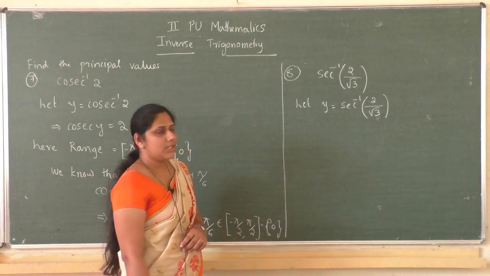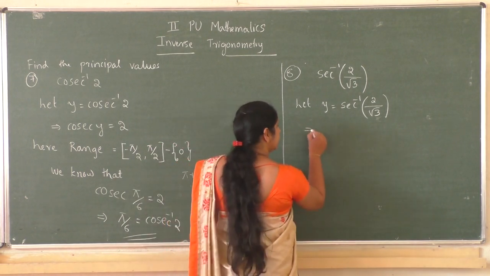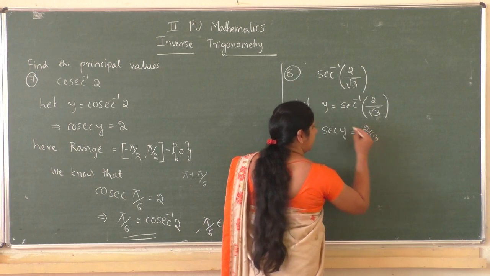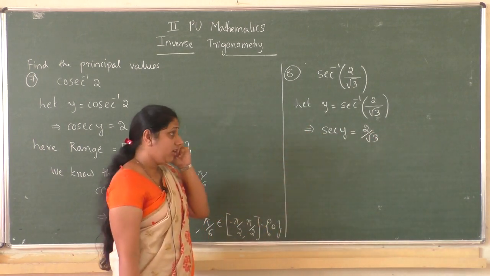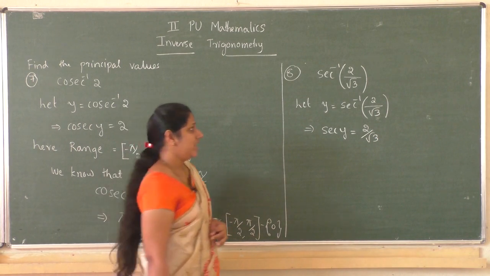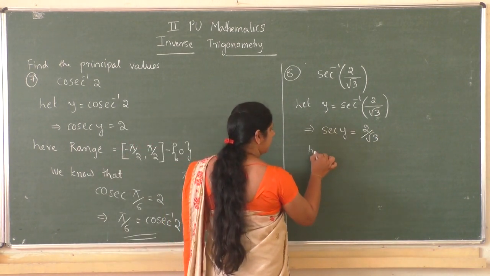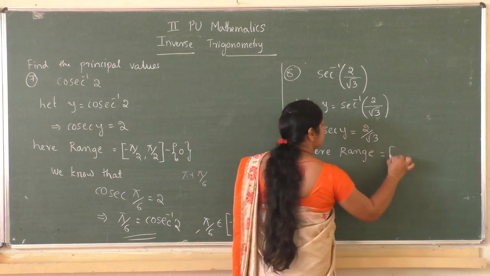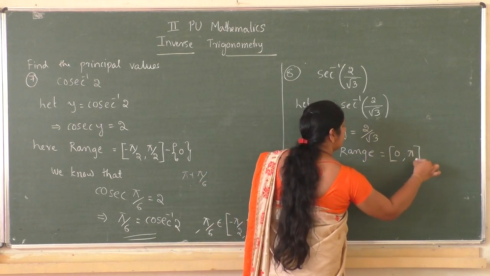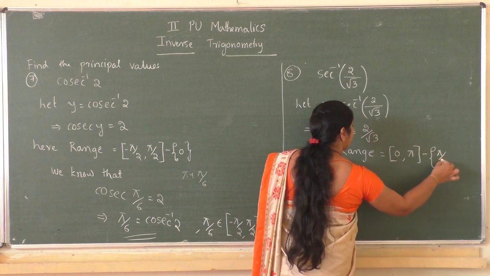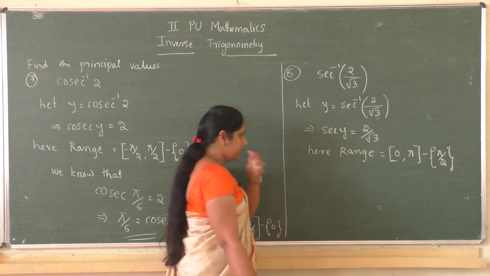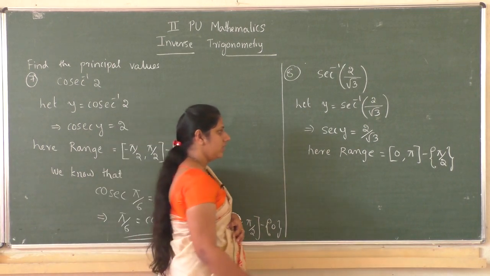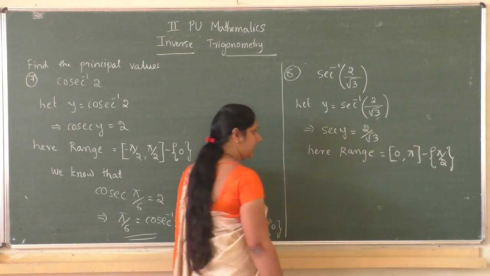If y equal to sec inverse 2 by root 3, that implies sec y will be equal to 2 by root 3, where y must belong to the range of sec inverse function. So here what is range? It is closed interval 0 to pi minus set containing pi by 2, the range of sec inverse function. So y must belong to this interval.